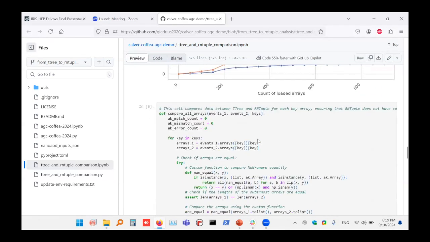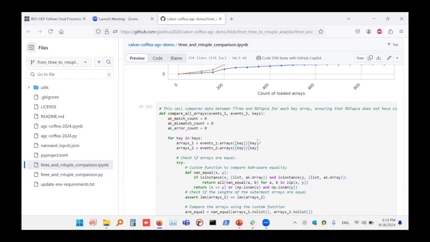The other thing is the RNtuple file must be proper. What I mean is, when RNtuple is created with the most recent master version of ROOT, there are issues. It doesn't work. It breaks because there are unsolved bugs. I see. It only works with certain versions.